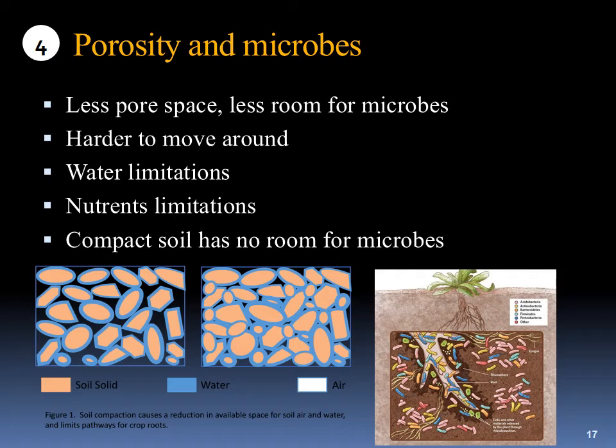However, if you have smaller pore spaces, then water would be hard to move, and the movement of water, animals, and roots would be difficult, because most of these spaces are occupied by minerals or other particles. Then you would also have a limitation in water and nutrients. This can be affected a lot by compaction. When you compact the soil, as you see from the picture here, you are actually reducing the pore spaces, and therefore you would create all of these problems.